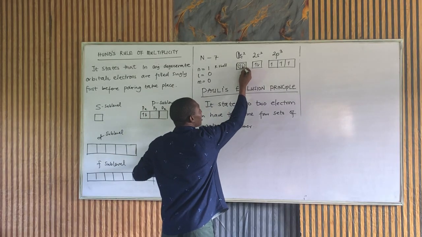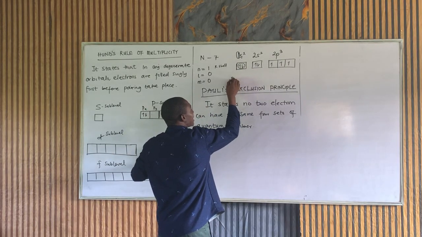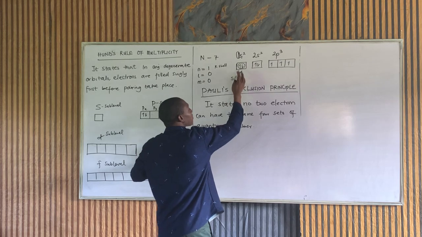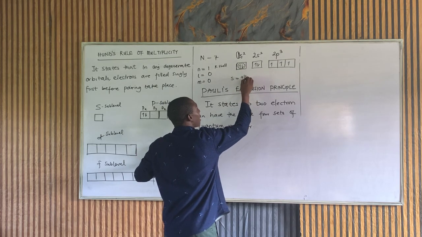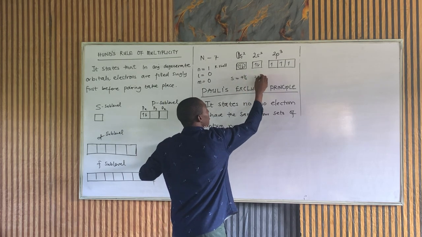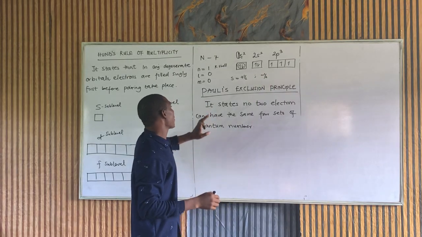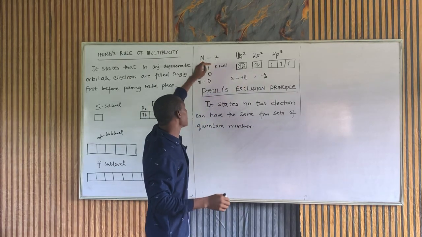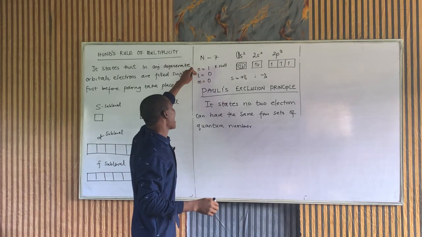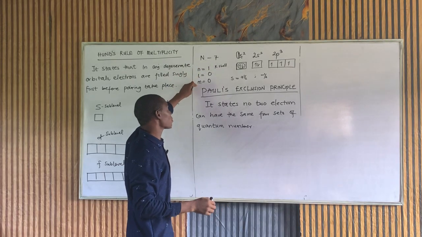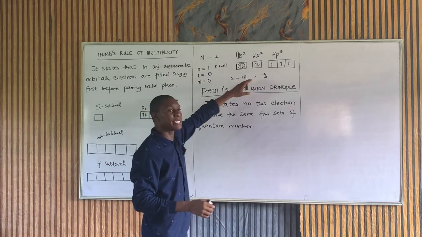As you look at these two electrons, their spin differs. One is pointing upward, plus half, and the second one is pointing downward, which is minus half. So you see that their spin differs. Even if their principal, azimuthal and magnetic quantum numbers are the same, their spin differs.